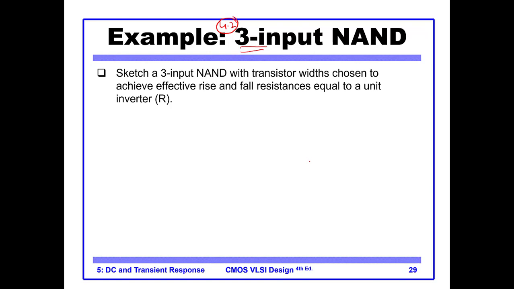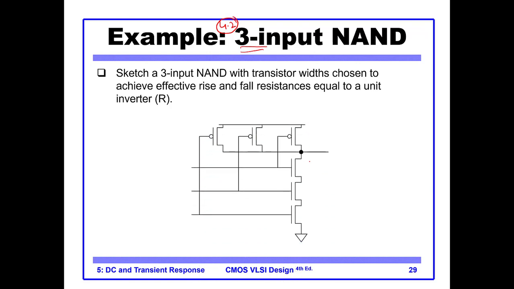So we know that the 3-input NOR gate is something like this. It has 3 inputs, let's call them A, B, C, and we have an output Y. The A input is shorted here, B input is shorted here, C input is shorted here, and we have 3 PMOS in the pull up network.